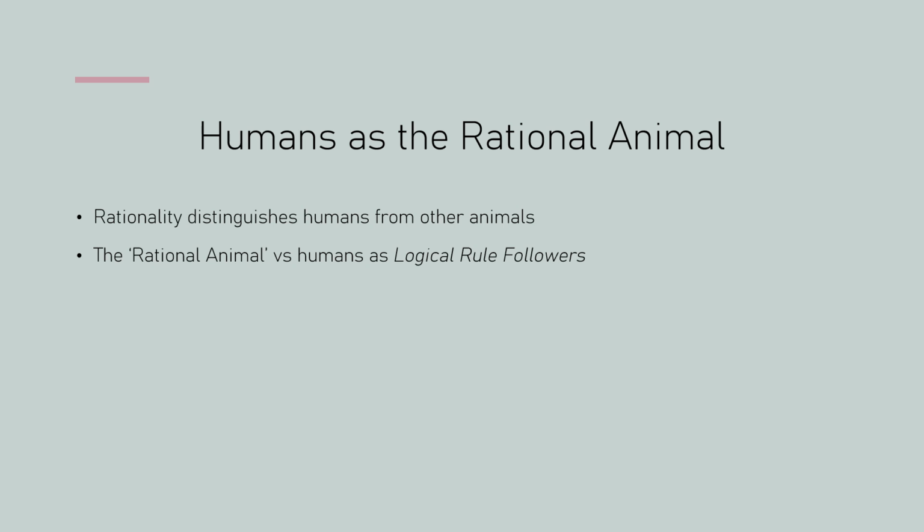And when we talk about humans being the rational animal, it's a little bit different to the idea we're talking about, certainly in this chapter of the textbook, and what Kahneman and Tversky are talking about, of humans as logical rule followers.